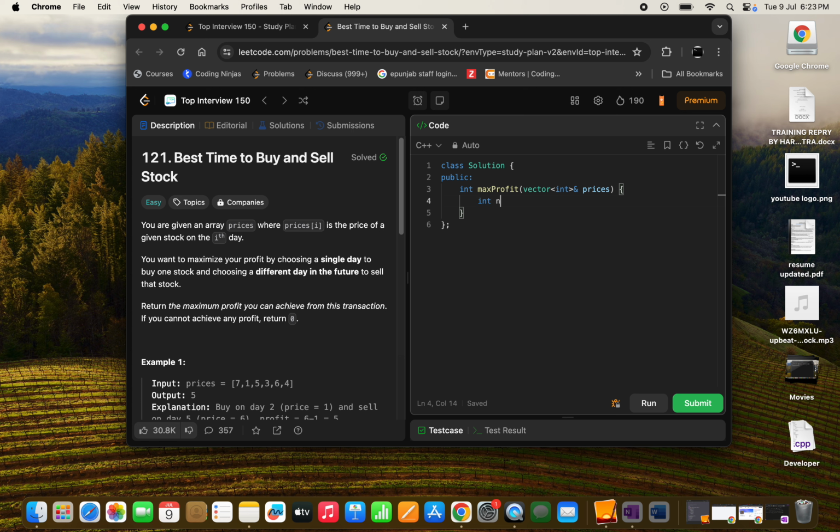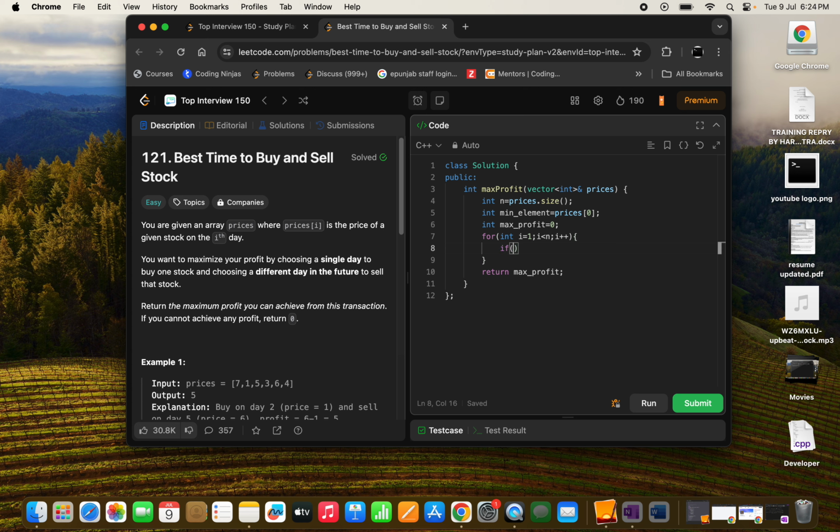Let's take a variable n which stores prices dot size, and let me assume my min element to be prices of 0 and my int max profit to be 0, and at the end of the day I have to return my max profit. Right. So I will start from my 2nd day and I will go till the end of the array.